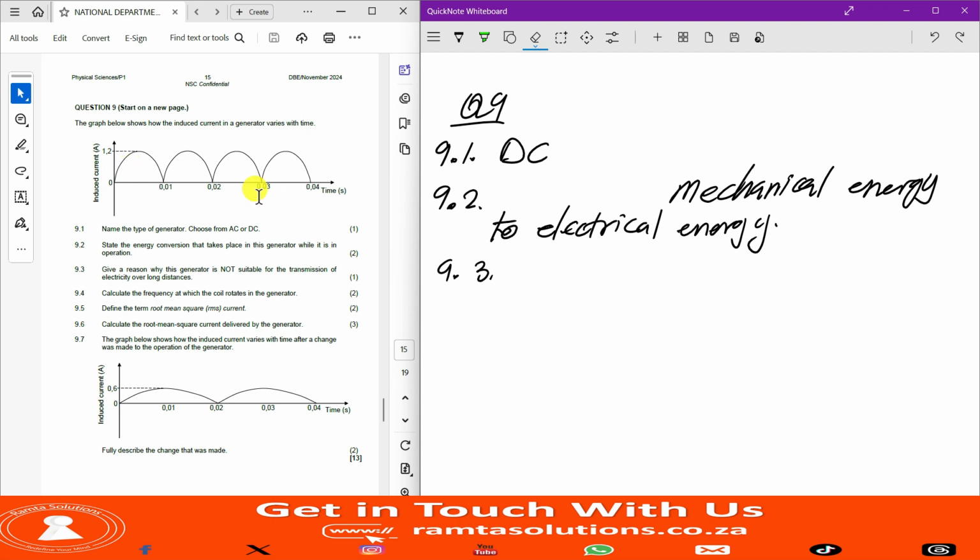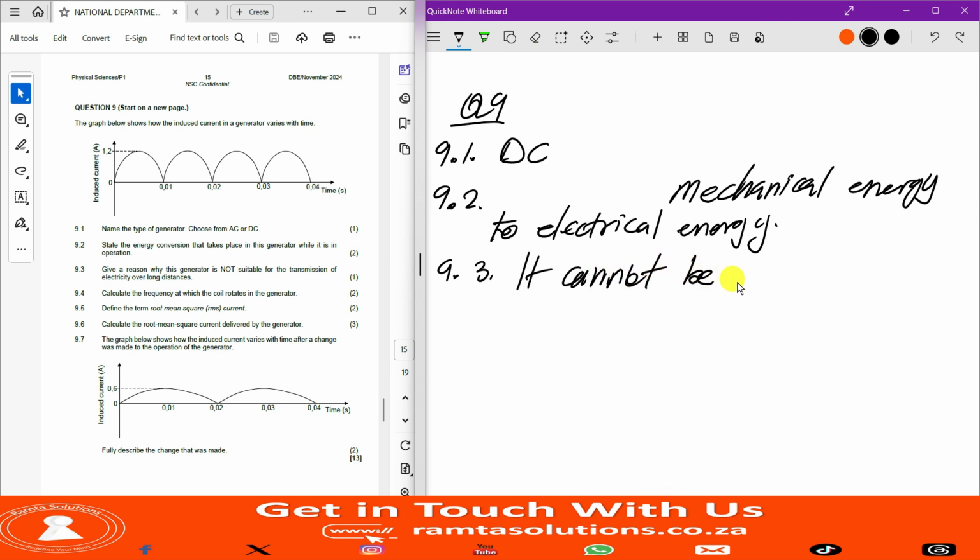Now, give a reason why this generator is not suitable for transmission of electricity over long distances. This is a DC. The reason why it cannot be suitable is that it cannot be stepped up or down.